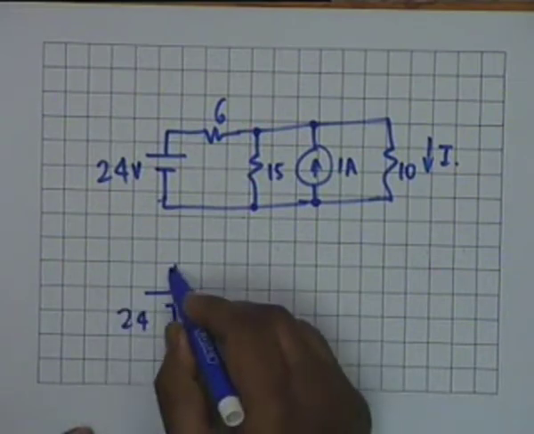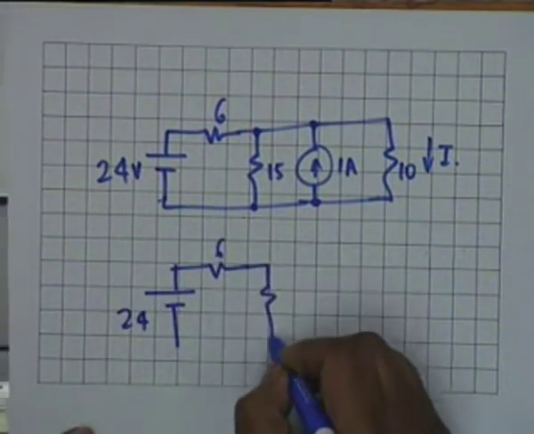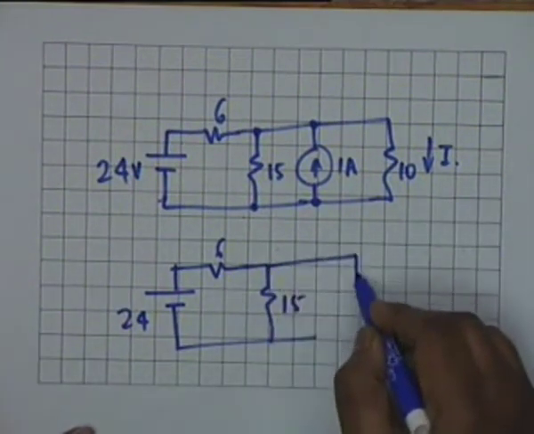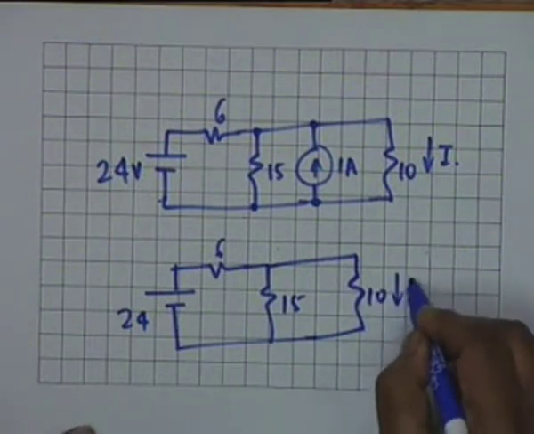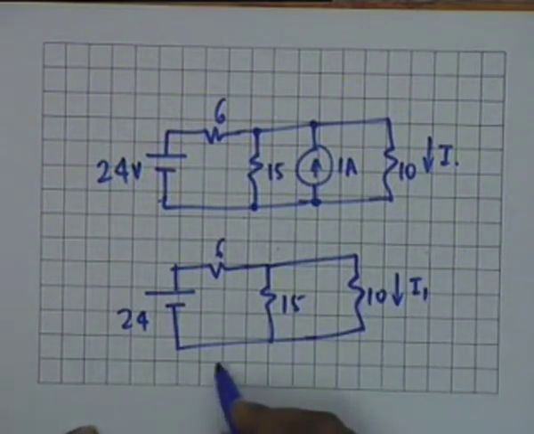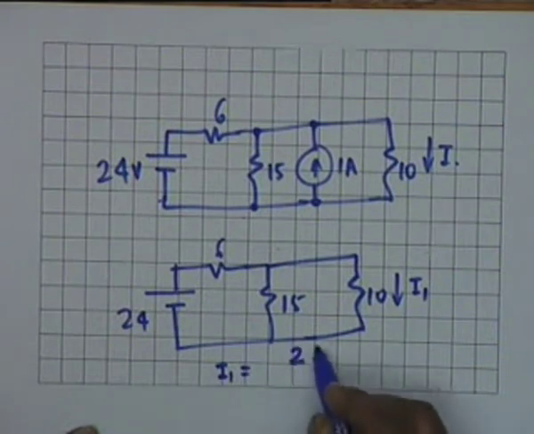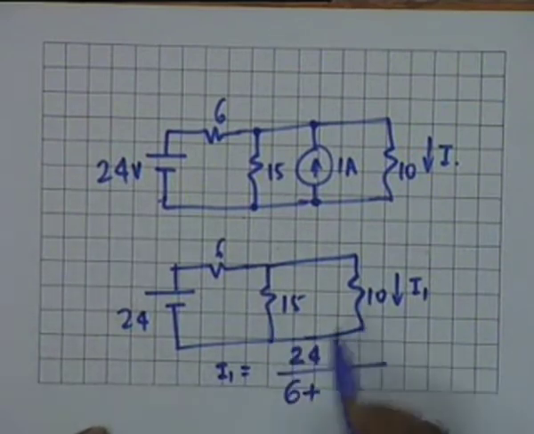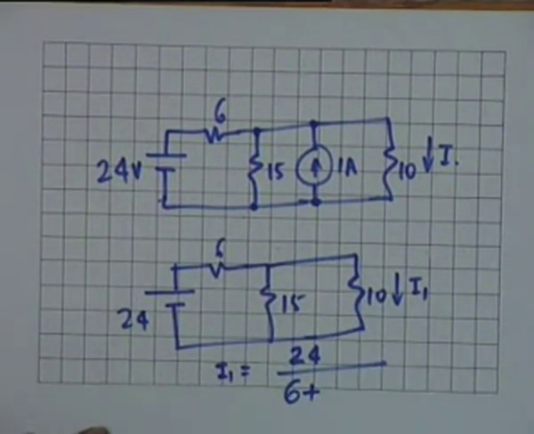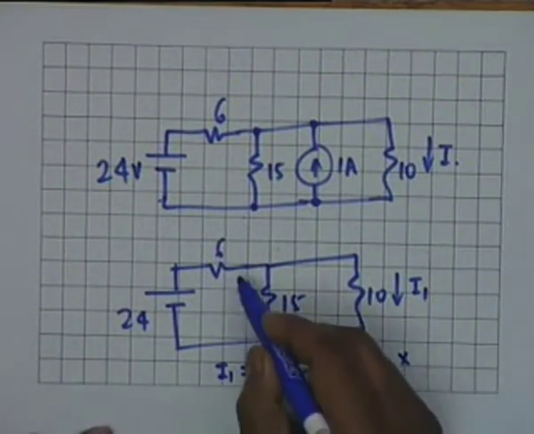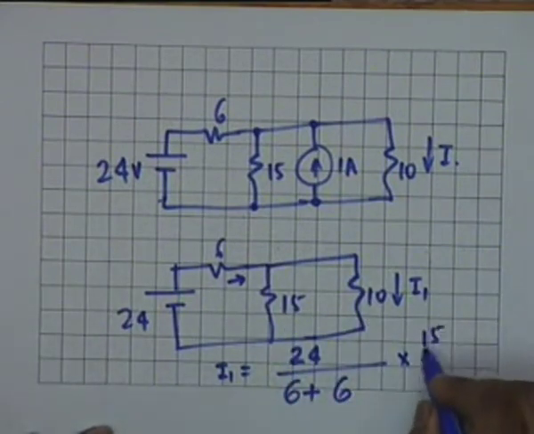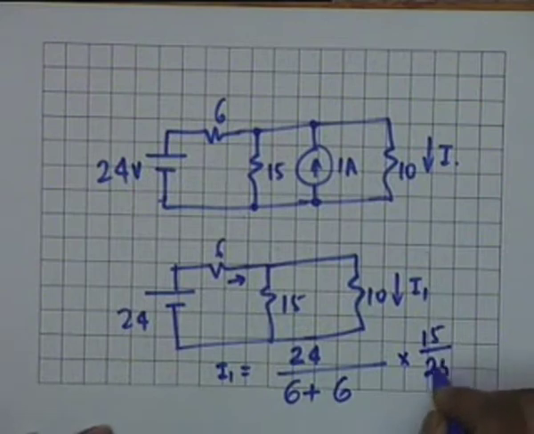One is 24, 6, 15, the 1 ampere source is killed, so it is opened, and then you have a 10 ohm, and this current is I1. Obviously I1 is equal to 24 divided by 6 plus, what is the parallel of 15 and 10? 150 over 25, that is also 6, multiplied by this current dividing into two resistors, 10 and 15, so 15 divided by 25.